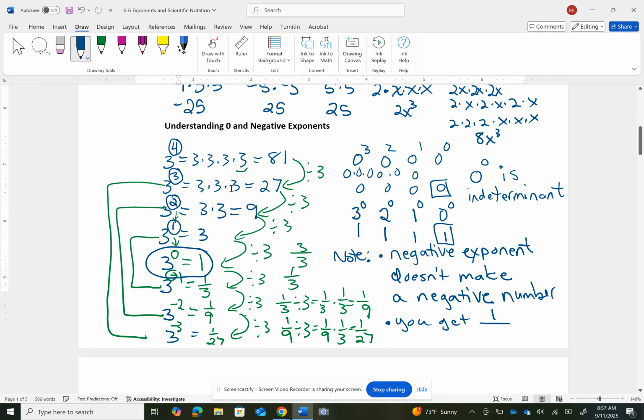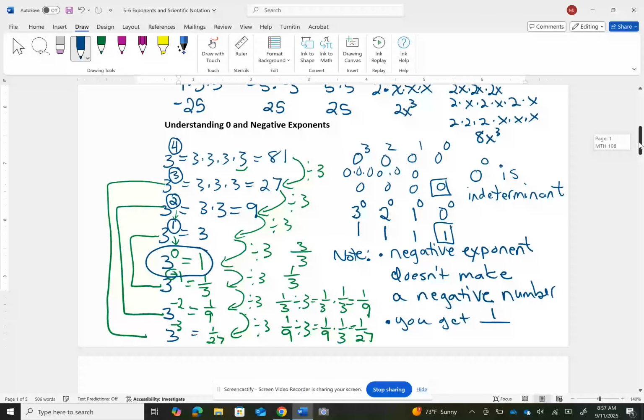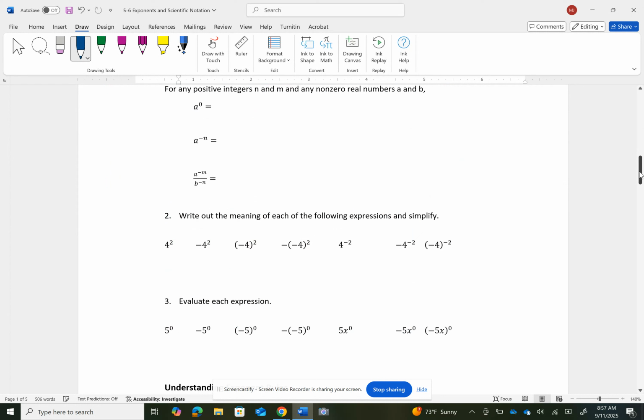On the next page, we're going to summarize the rules. If the n and the m that are used here are positive integers, so that means 1, 2, 3 on up, and then the base can be any real number, just not 0, then a to the 0 power would equal 1.